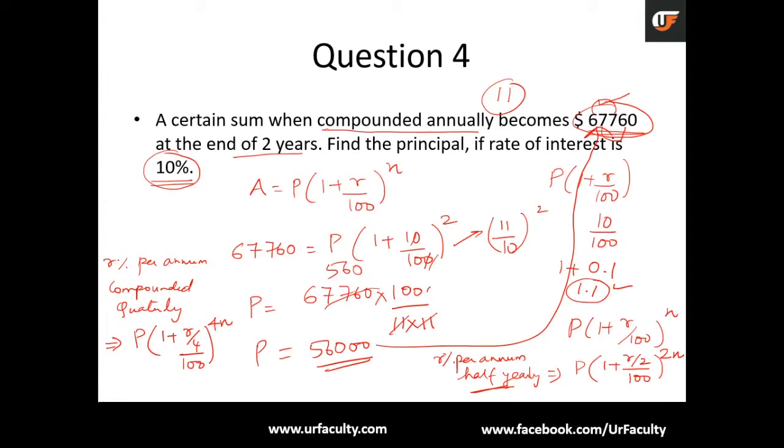Please note, since it is compounded quarterly, your duration per year becomes 4 times, and the rate of interest has to be divided by 4 to get this value. So please note that the question doesn't end if they just say compounded annually. You have to be very careful if the word annually is used or quarterly is used or half yearly is used. So this is very key in such questions.